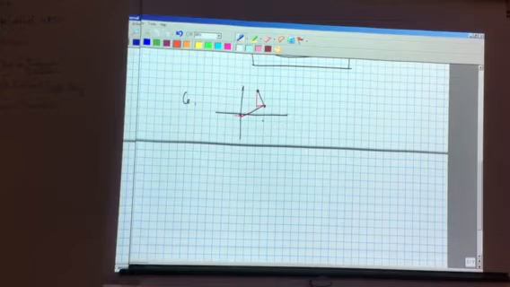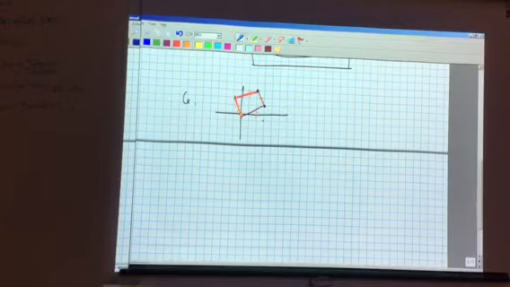In the same way, this is going to go back 1 up 2 to make my other point. It's the same slope. Just make sure that these lines are parallel and you know you did it right because it's a parallelogram.